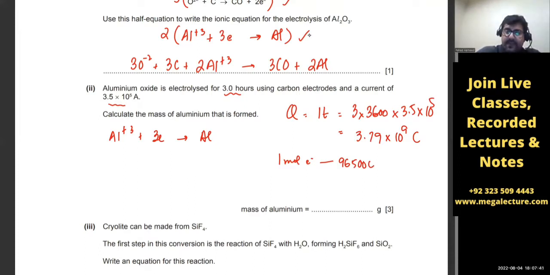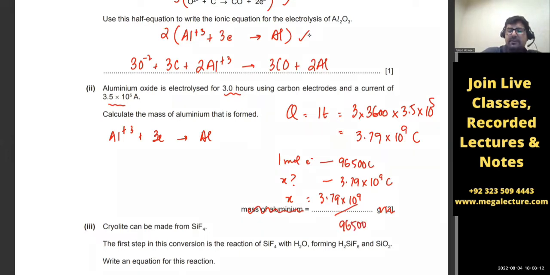So if there is 3.79 times 10 to the power 9 coulombs flowing through the circuit, how many moles of electrons are actually going through that? So what is X? X will be 3.79 times 10 to the power 9, and the whole thing gets divided by 96,500 coulombs. How many moles do we get?